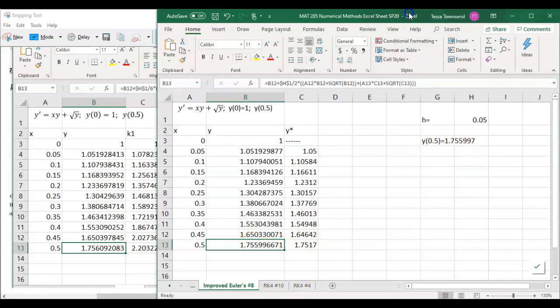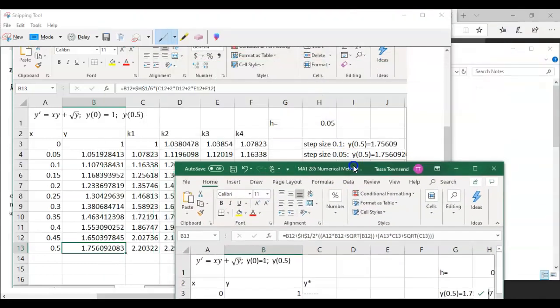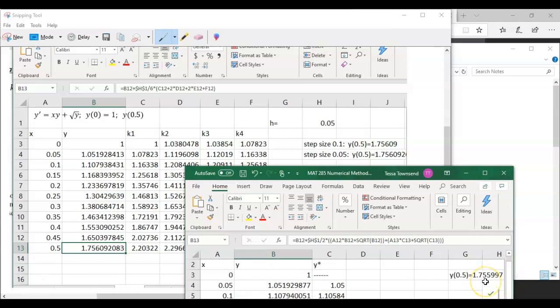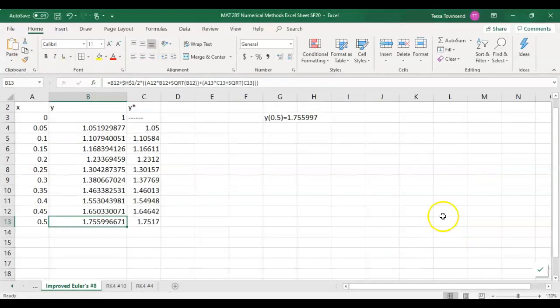So improved Eulers gave us a value of 1.755997. RK4 at that same step size gave us 1.756. So RK4 is always going to give you a better estimate. Or almost always going to, I can't think of a place where it wouldn't give you a better estimate than Eulers or improved Eulers.